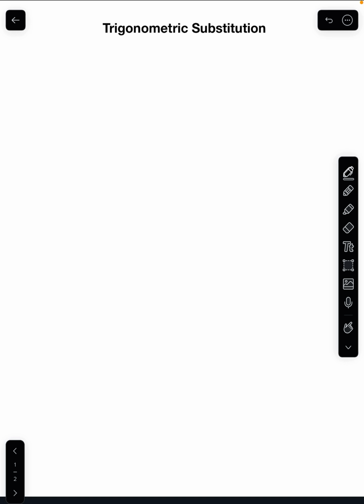In furthering our ability to integrate various functions, we now have to consider a different style of function along with a new technique in order to integrate it.